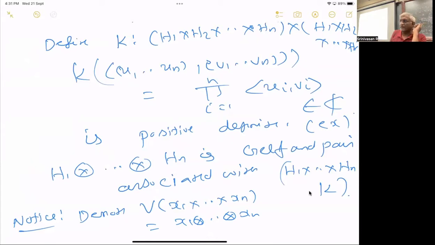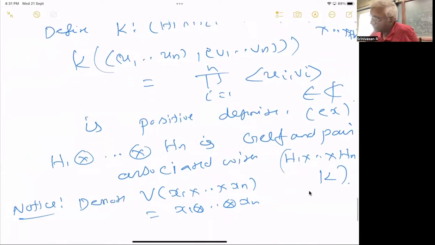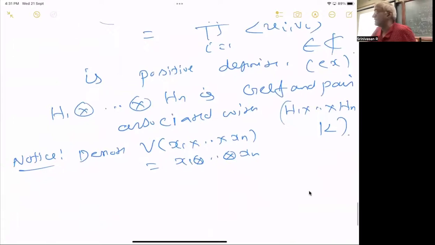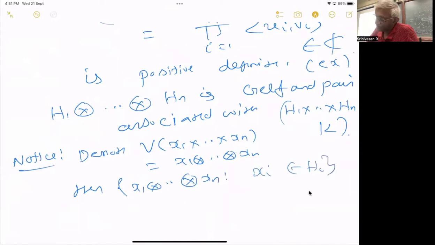Tensor product will not look like that. Tensor product is much bigger. Those kind of elements are total elements there. So now we have a V from this direct product inside the tensor product. You denote those elements as x1 tensor up to xn. Then, of course, by whatever we have done, x1 tensor up to xn with xi in Hi is total. I mean, you have to take the span of that and then take the closure of that. That will be H1 tensor up to Hn.